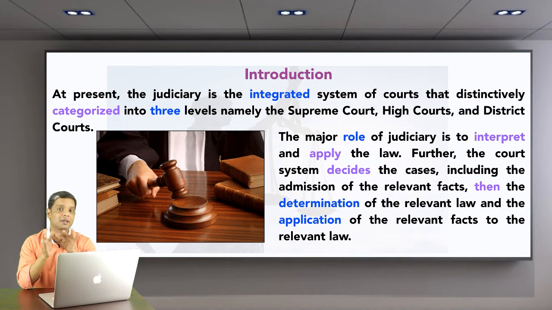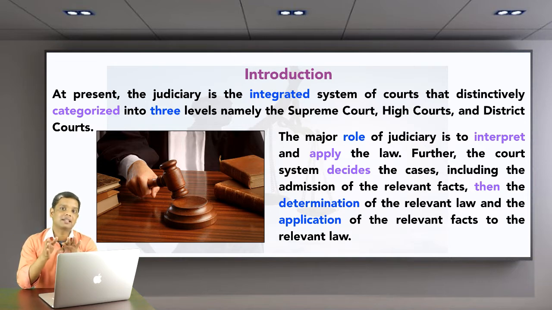So there are so many points in this paragraph. The first one is saying that we have an integrated and unitary system. It means that in a federal structure, as in the United States, the judiciary is categorized into 2 parts. The first one is for the union level, that is the Supreme Court, and it has other branches.